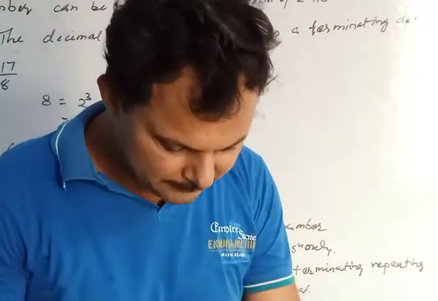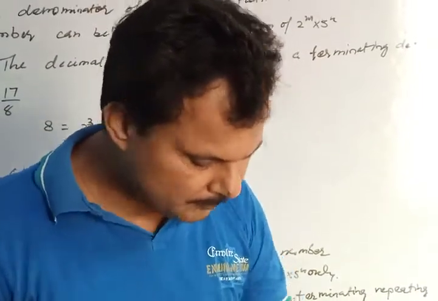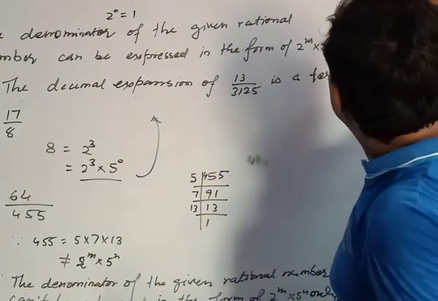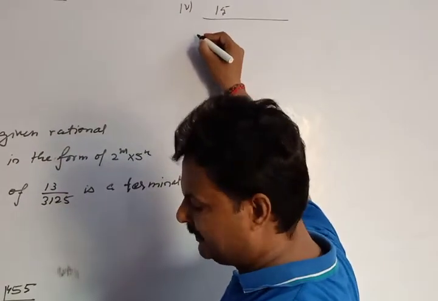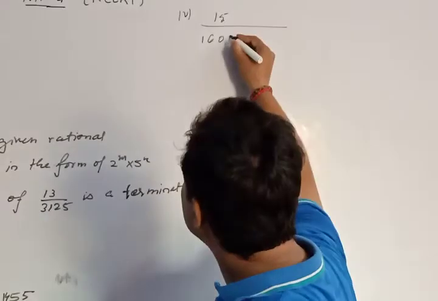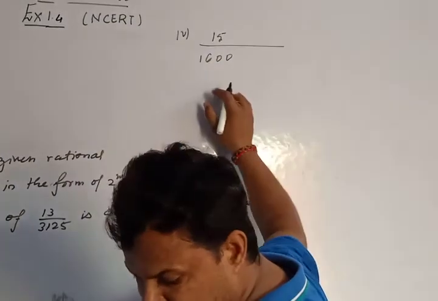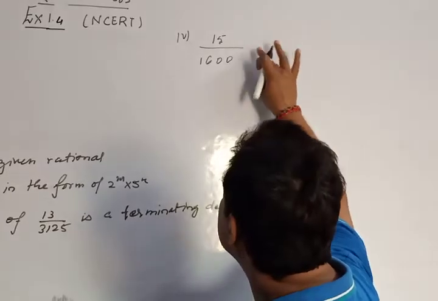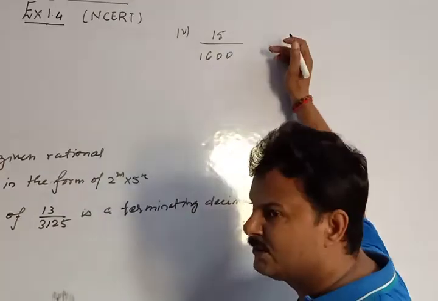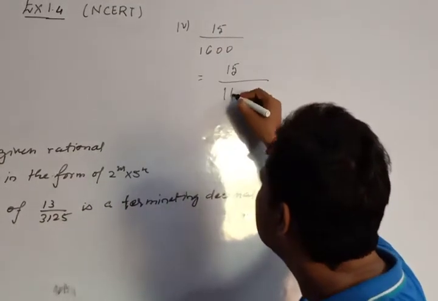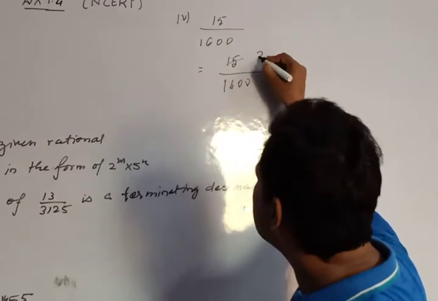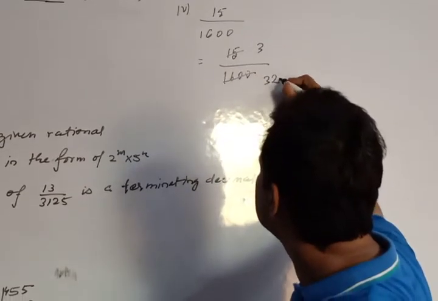Now question number 4. The fourth is given 15 upon 1600. You observe 5 is common in both, so first of all cancel it, because the common factor should be removed.